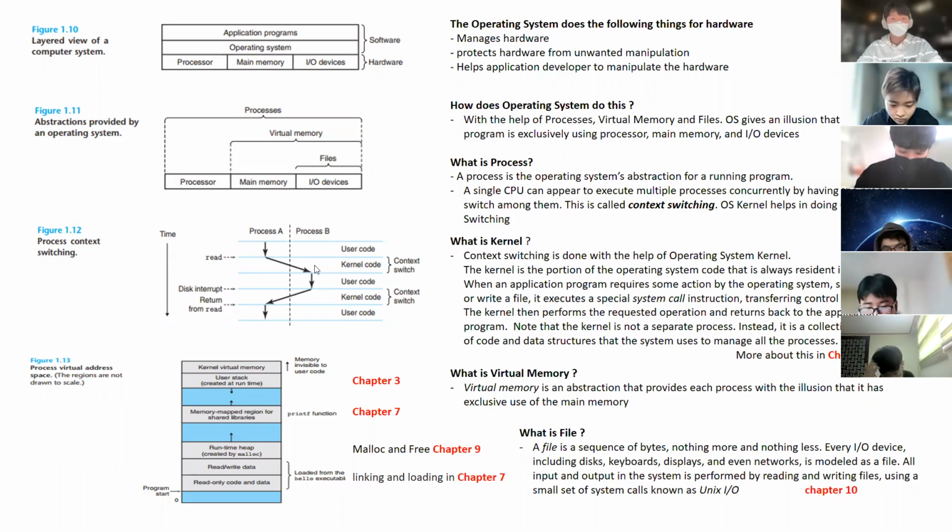So process B, which is my Zoom screen, where all of you are shown, right? So the other screen is being processed. And then another interrupt happens, I go back. It could be a disk interrupt like that. This interrupt is handled by the operating system, and then it does the context switching. So this process, then this process, and then this process. So one core is running multiple processes based on context switching. So one core can run multiple processes.